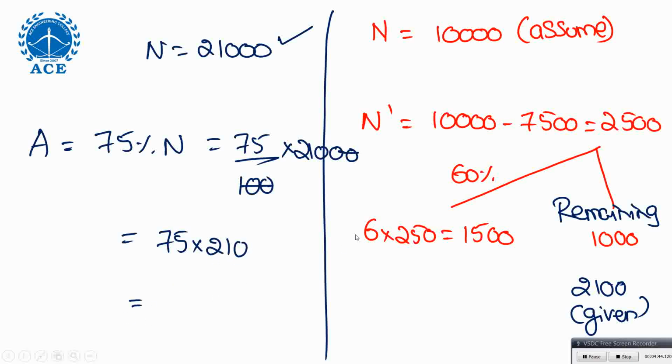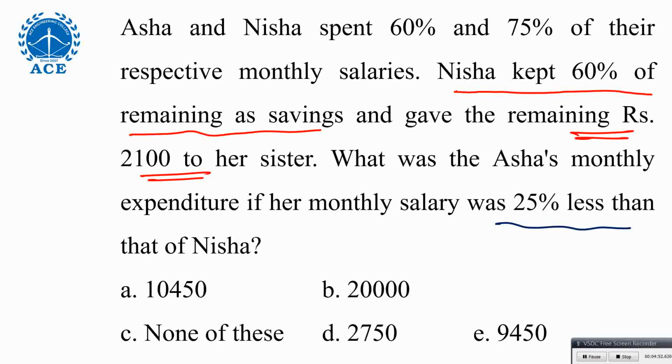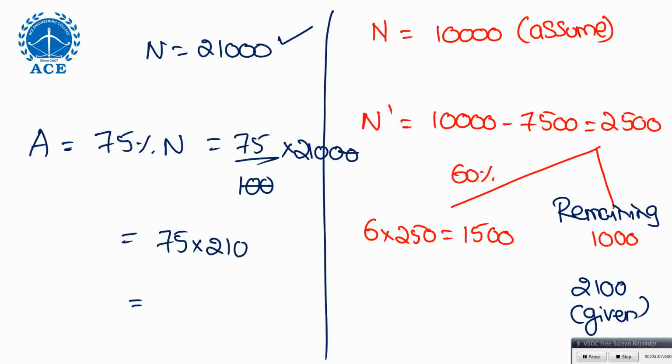I think we don't have that option because it will come to around 15,000 something. We don't have an option related to that, so we would go with none. But see the procedure first. What value did you get? It's surely not 20,000.